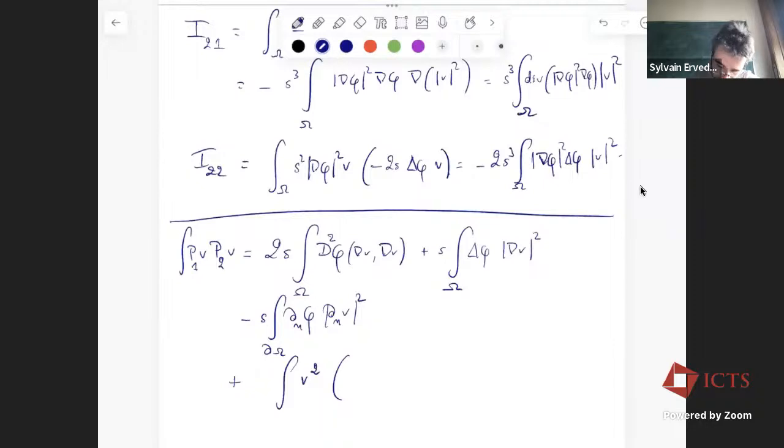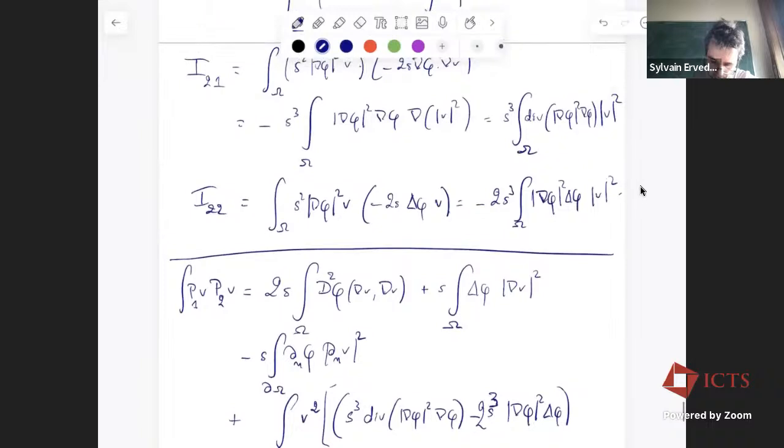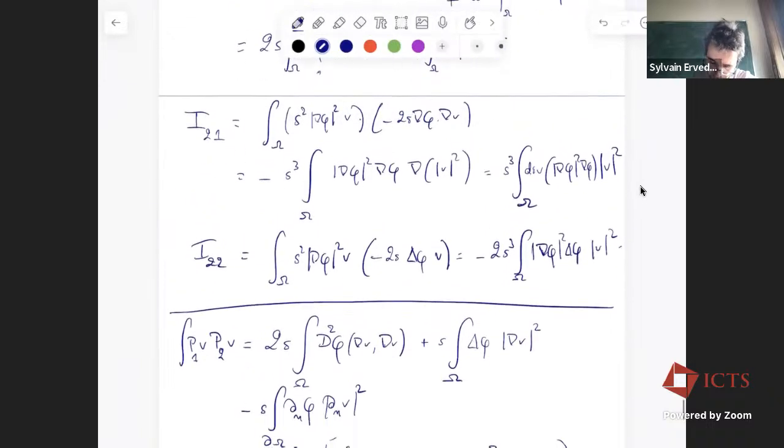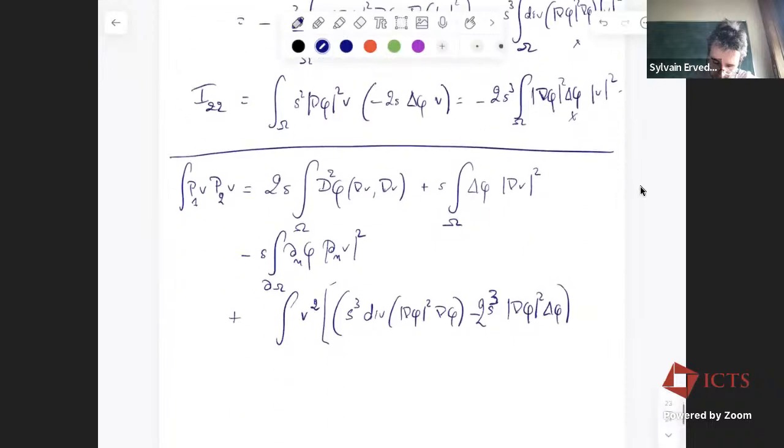And there you have s3 divergence of gradient phi squared gradient of phi minus 2 s3 gradient of phi squared Laplacian phi plus, I think I'm missing one. So this one I've put. This one, okay, and it remains this one, minus s Laplacian phi squared.